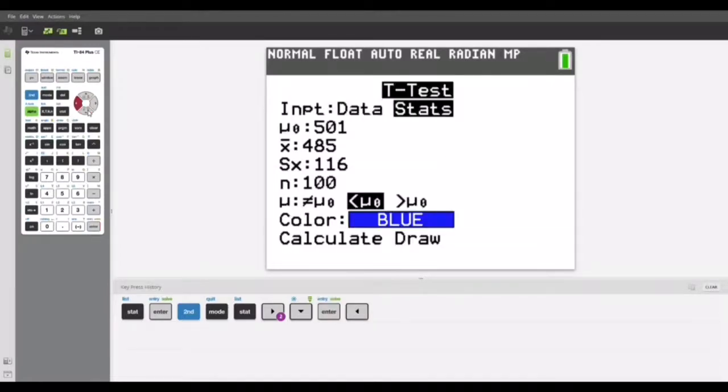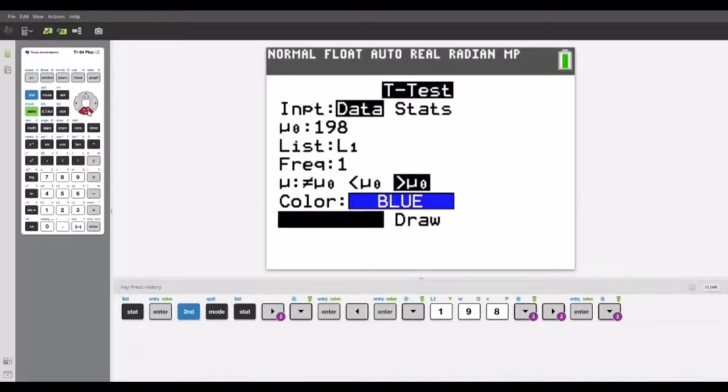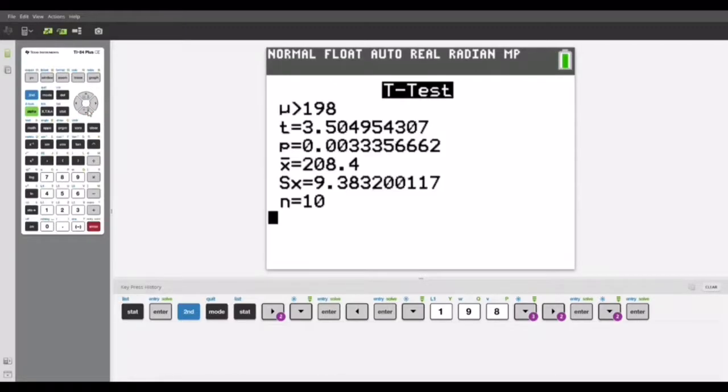And this time we have Data, since we put our raw data into L1. So mu naught is equal to 198. Our list is in L1. Frequency needs to be set to 1, and our alternative is going to be greater than mu naught. Go down to Calculate, select Enter, and you get your p-value and your test statistic.